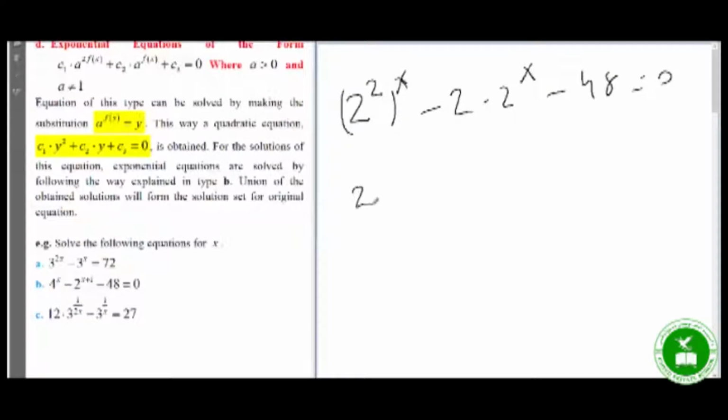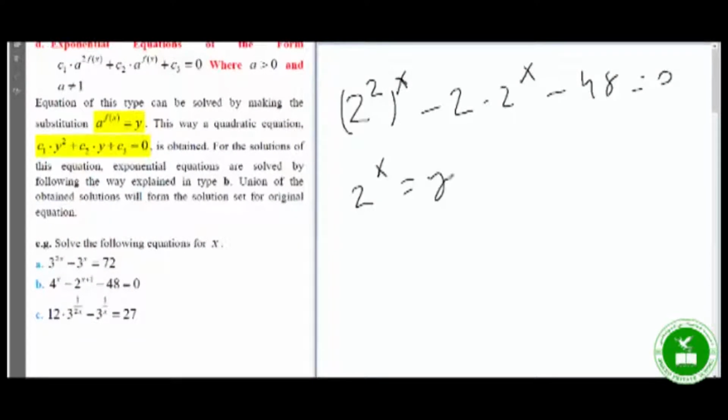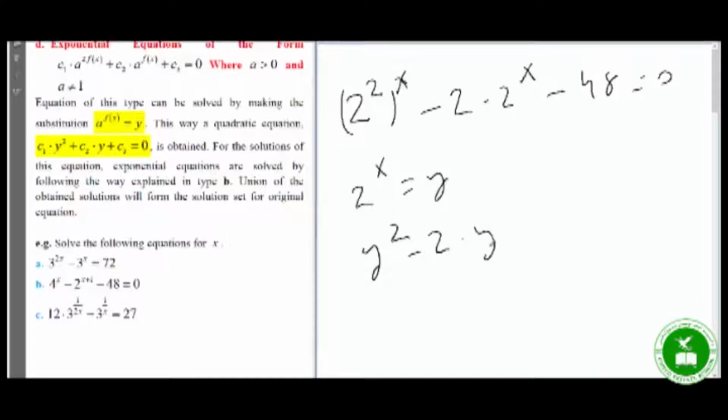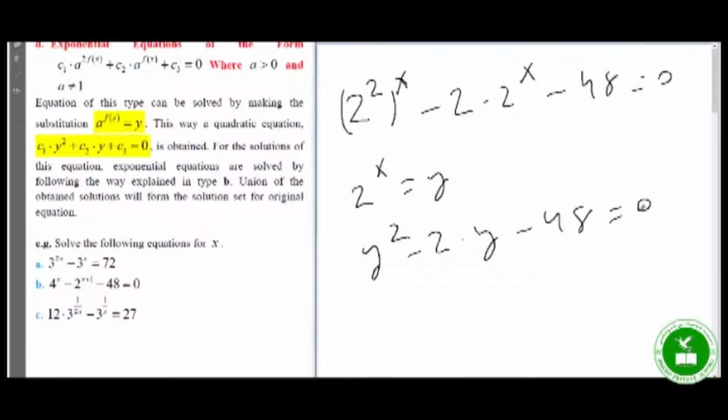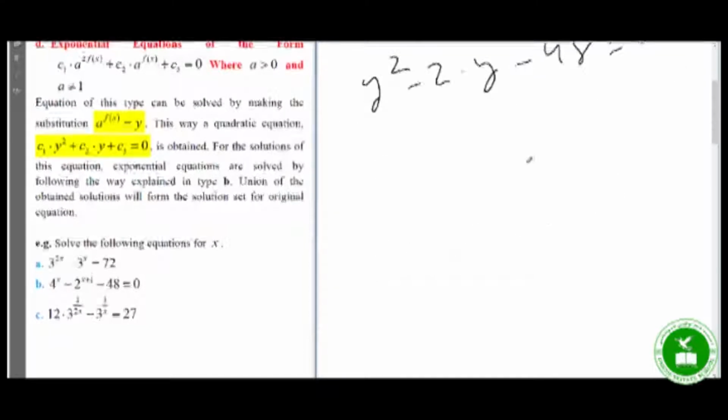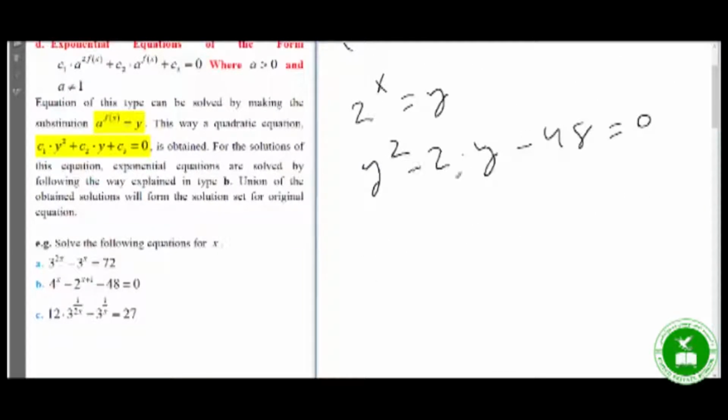I can write 2 to the power of x as y, or substitute y for 2 to the power of x. So 2 squared to the power of x will be y squared minus 2 times y minus 48 is equal to 0. So let's continue. As you see, it's a quadratic equation. We can use factorization to solve this one.